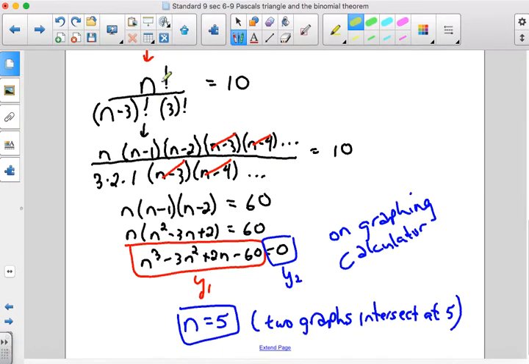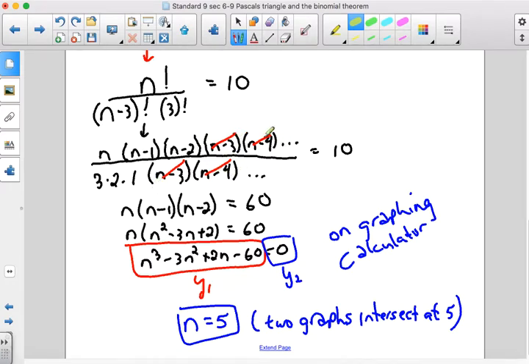Taking it a step further, what does n factorial mean? It means n times n minus 1 times n minus 2 times n minus 3 times n minus 4. 3 factorial means 3 times 2 times 1. n minus 3 factorial means n minus 3, subtract one more, n minus 4, n minus 5, and so on and so on. Well, what's going to happen here?